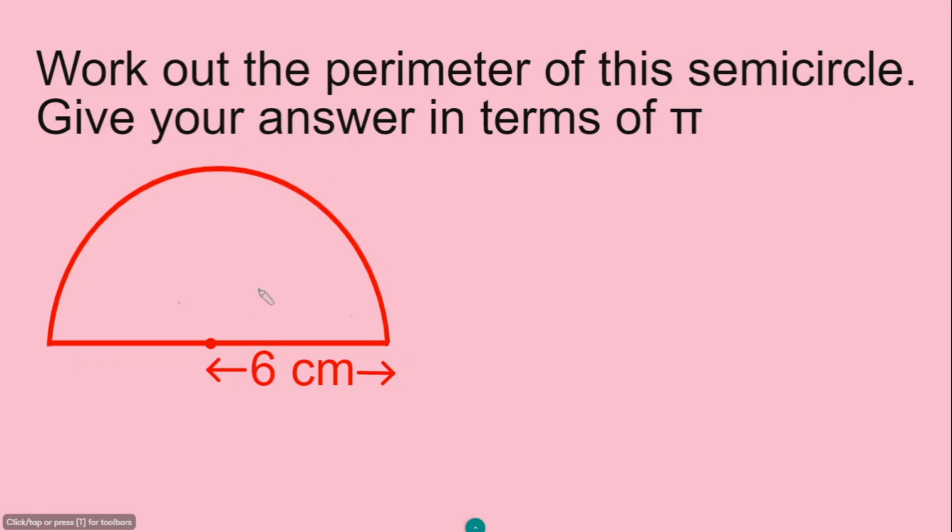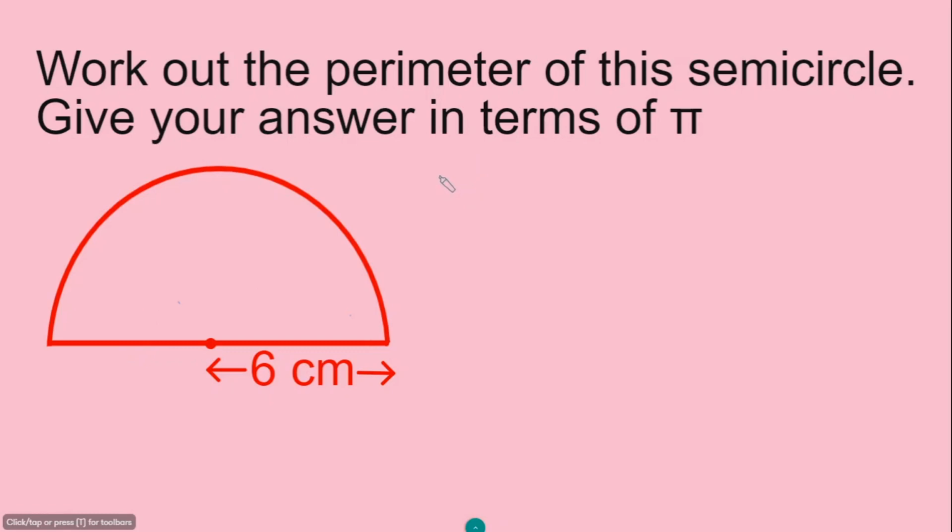But first, we need to get the circumference of a full circle, and if we have that, we can get the curved part. Then we add the curved part to this diameter. That gives us the perimeter. Quite easy, right? So let's go straight in.